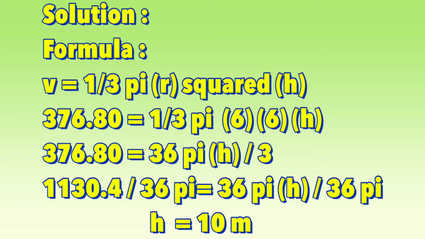And then we're going to divide it by 36 pi so that the remaining at the right side is the height. And then the result, 1130.4 divided by 36 and also divided by the value of pi, which is 3.14, and the result is 10 meters. So therefore the height now is 10 meters, and this is number 3 problem.